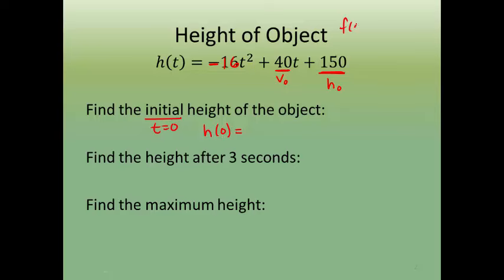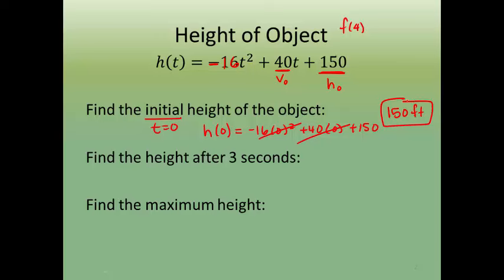Just like f of 4 means substitute in 4, h of 0 means substitute in 0. So I get negative 16 times 0 squared plus 40 times 0 plus 150. Everything cancels except the 150. So my initial height is 150 feet.